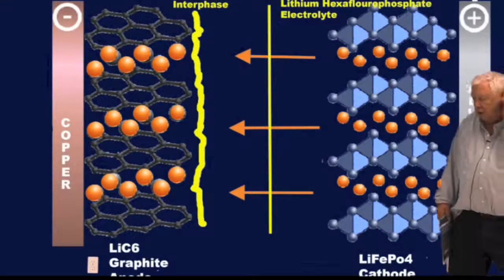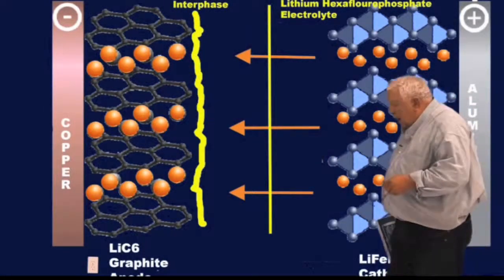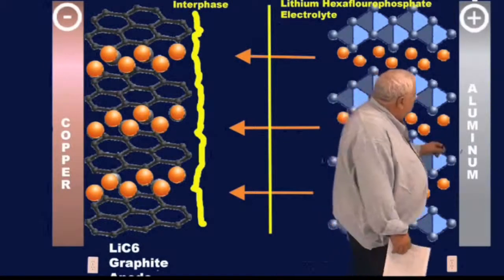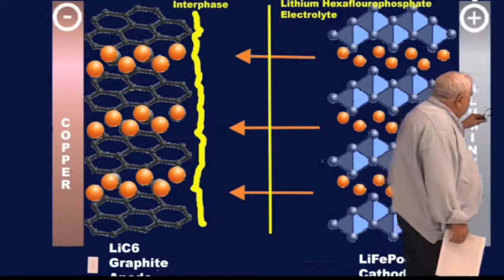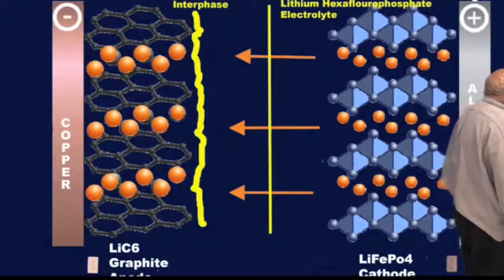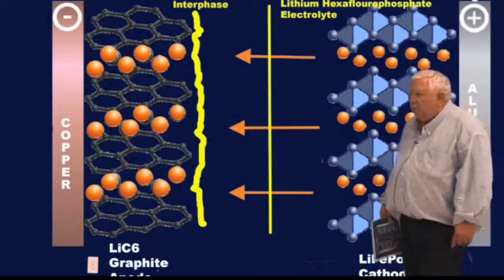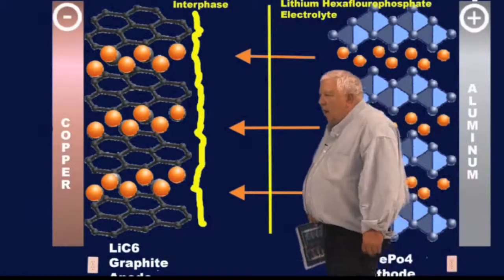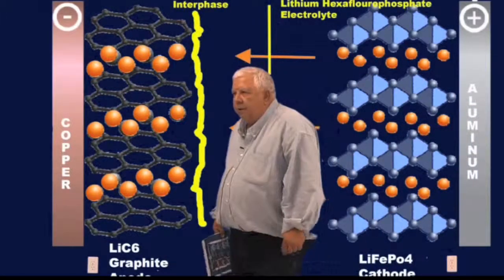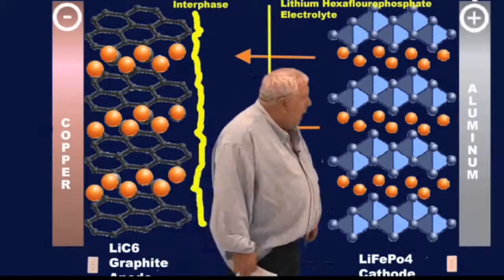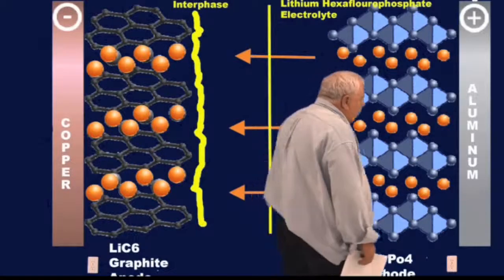Now, there's currently 2 schools of thought. The original belief was that we took electrons from the iron and caused an Fe2 or an Fe3 cation, an iron ion, to form. And that's held for a long time.